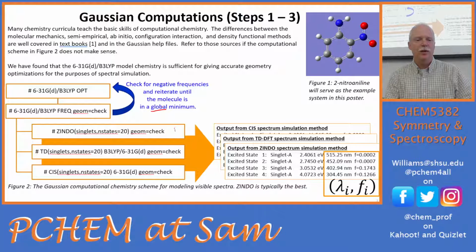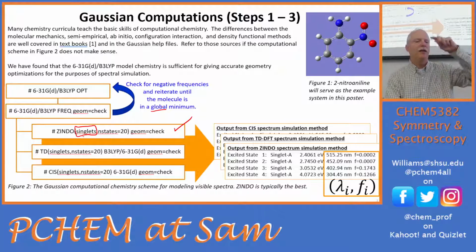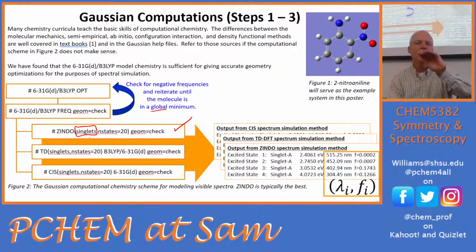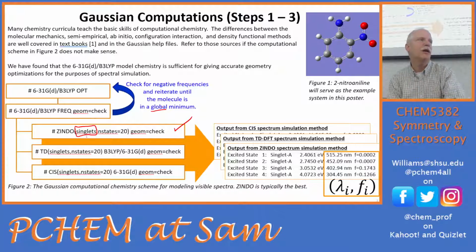And this is the one we're going to use. We're going to use this ZINDO calculation. And these are the keywords that you'll pick in the little drop-down menus. On the ZINDO method, you'll see a little box that says all transitions, singlets, triplets. We're just looking for singlet only because we're looking for absorption spectra.